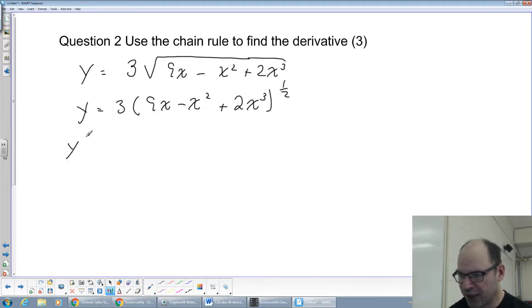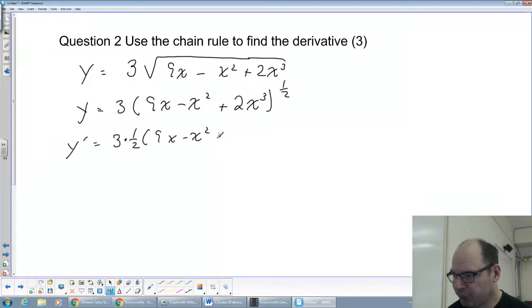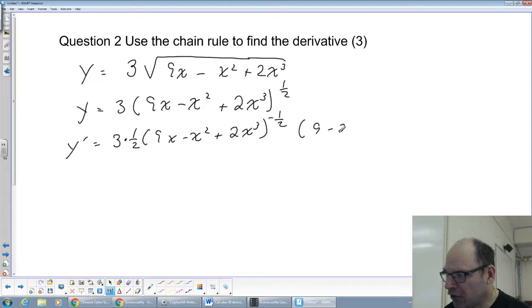If we do that and chain it together, 3 times the half, and then this variable, take away 1 from that, and then we have to do the derivative inside: 9 minus 2x plus 6x squared.